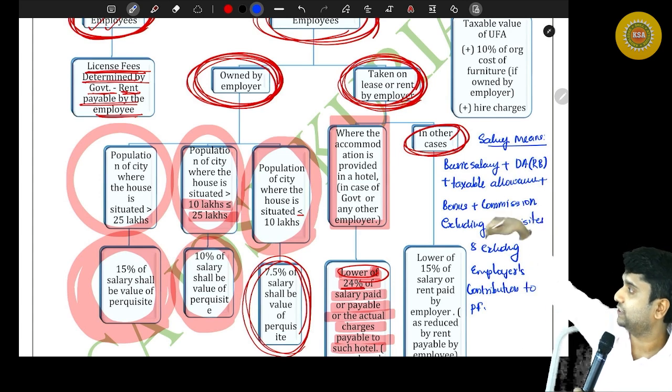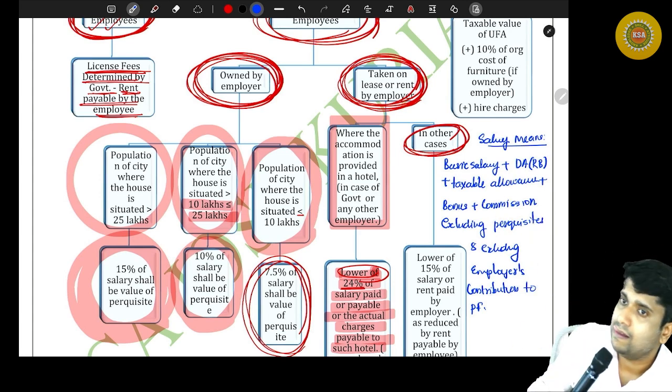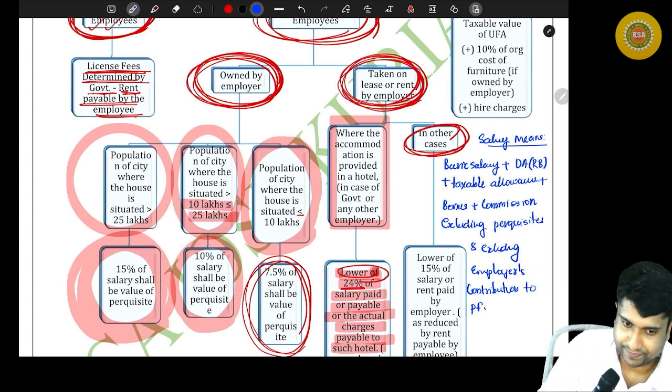This is the definition for salary for the purpose of computing RFA, rent-free accommodation.